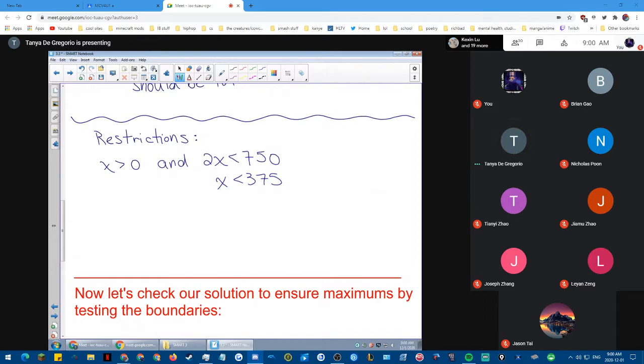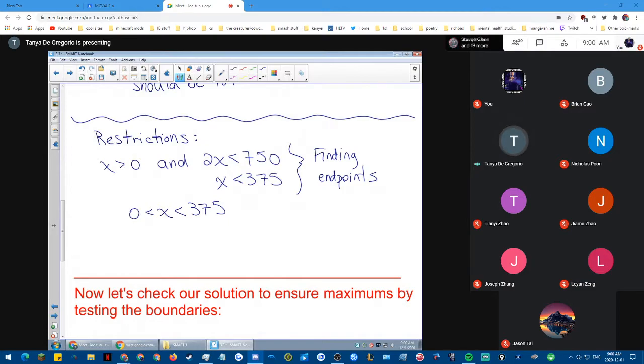Okay? So if I just found my endpoint, I'm finding that x has to be greater than 0, but less than 375. Where's my endpoint? And so now we just have to sub them in. Where do I sub them into? I sub them into area.